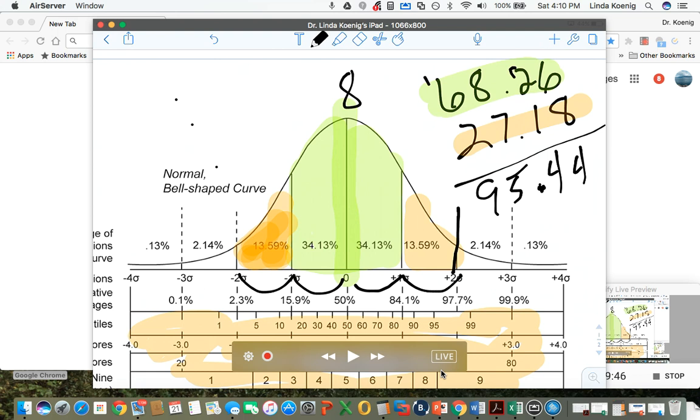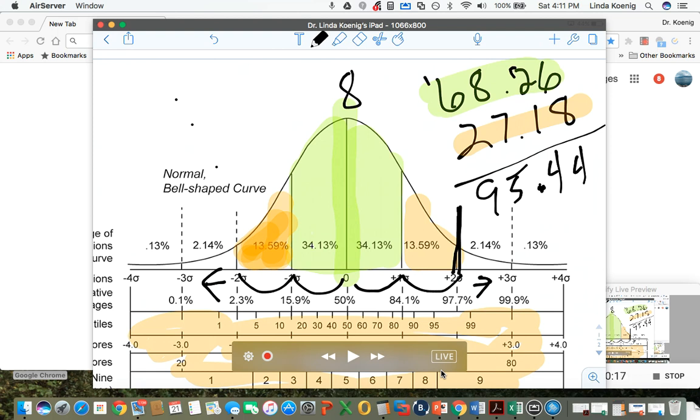So if we are saying that somebody is 2 plus standard deviations above the mean, they're pretty exceptional. They're different than 95.44% of the population. Same way, if they are falling between 2 and 3 standard deviations below the mean, they have exceptionally small feet.